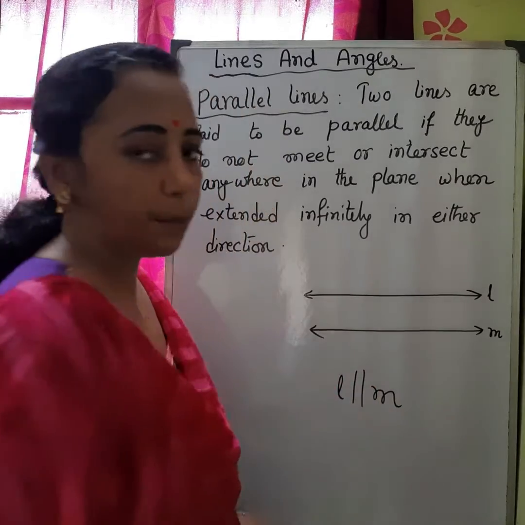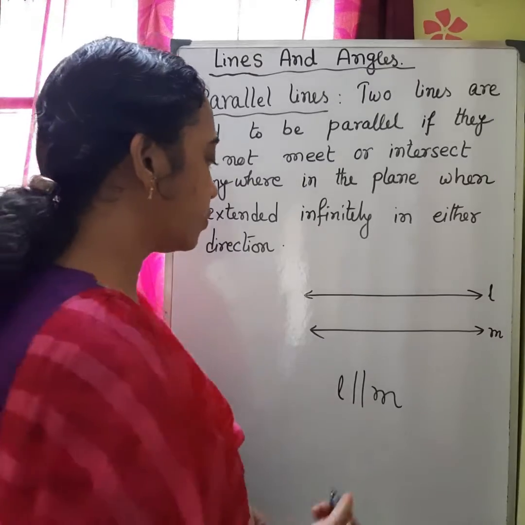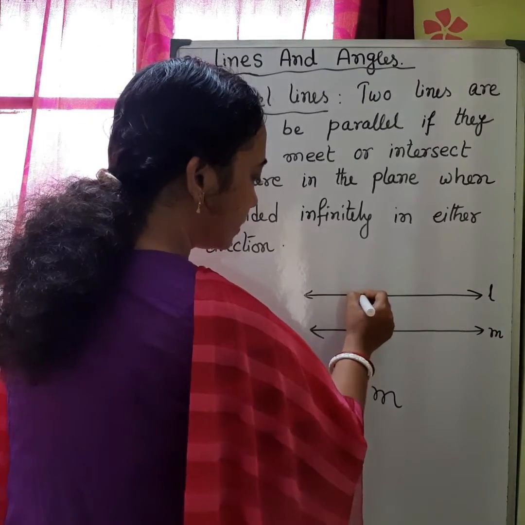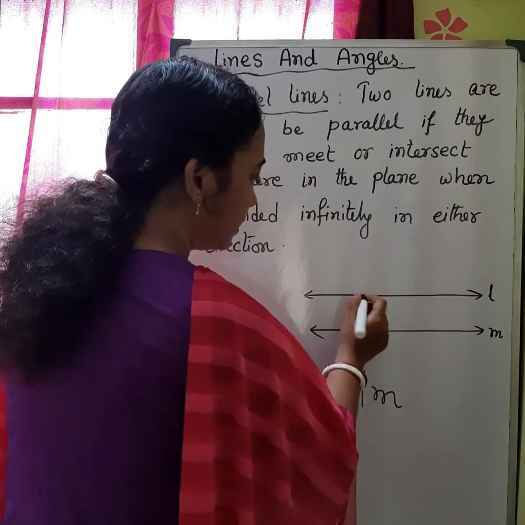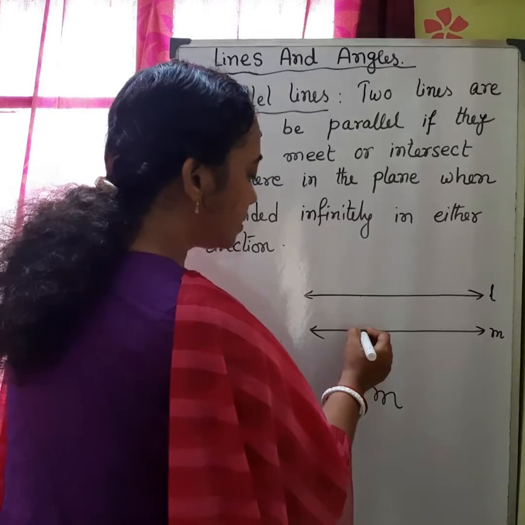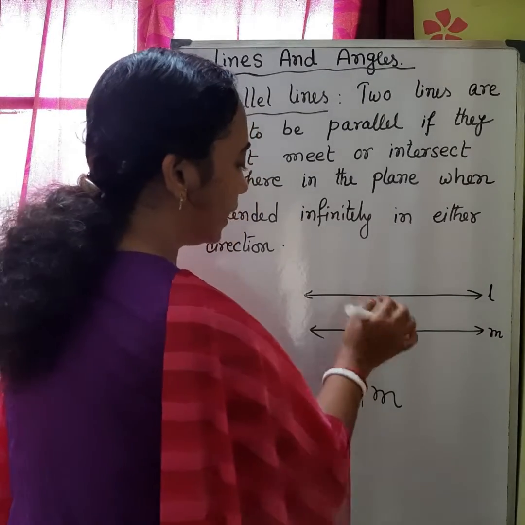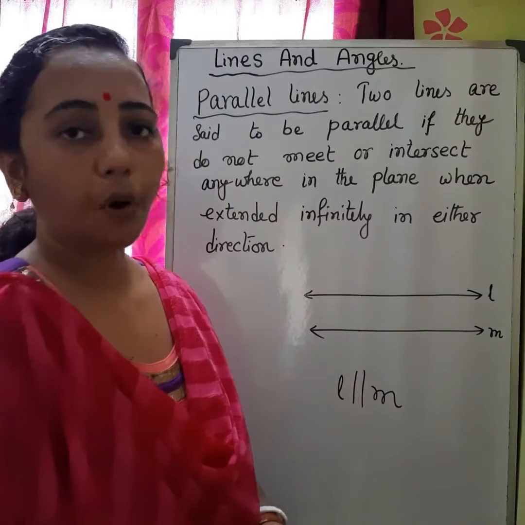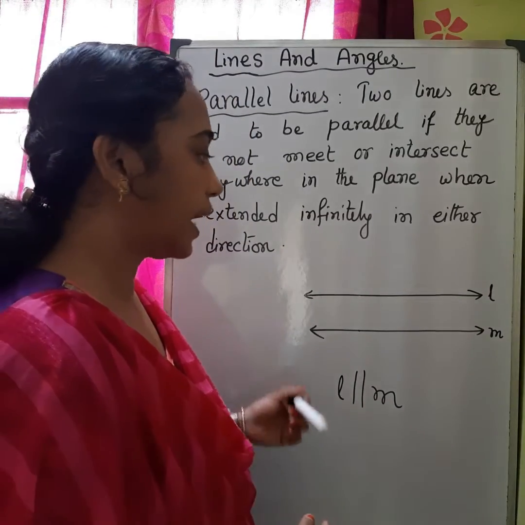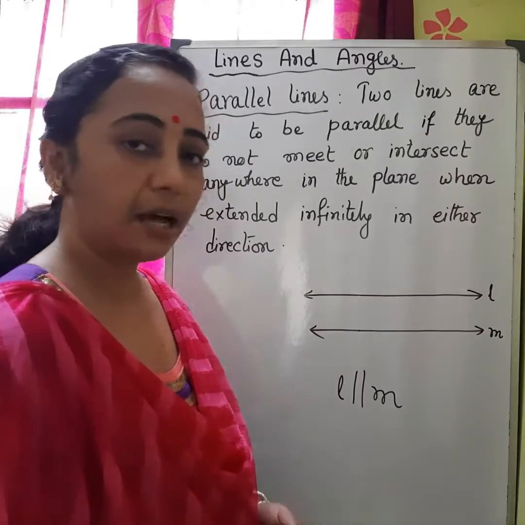If these two lines are parallel, then they have no point in common. Whatever point we take in line L, this point is not common to the line M, and if we take any point in line M, then this point is not common to the line L. So they have no point in common, and if we extend the lines in both directions, they will never meet anywhere in the plane.